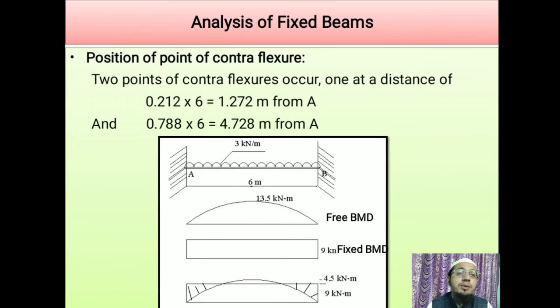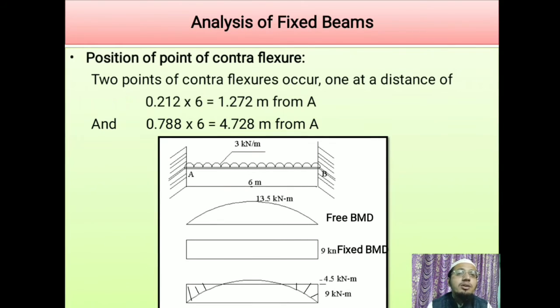So by putting the values, you will get distance x as 1.272 meter from support A. Due to symmetry, we can say it is the same from support B.